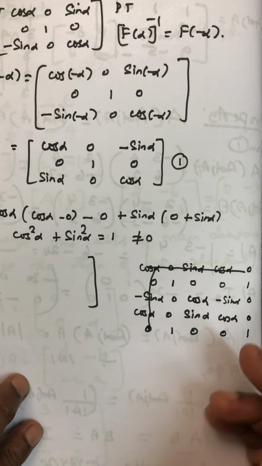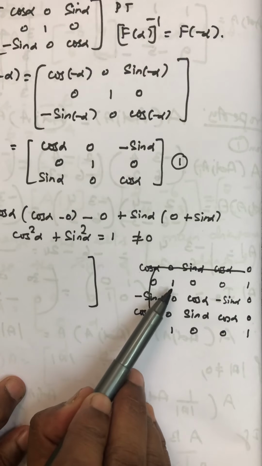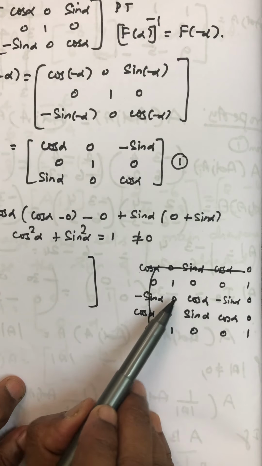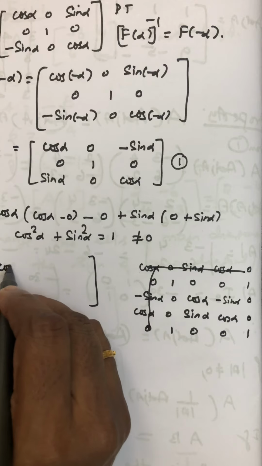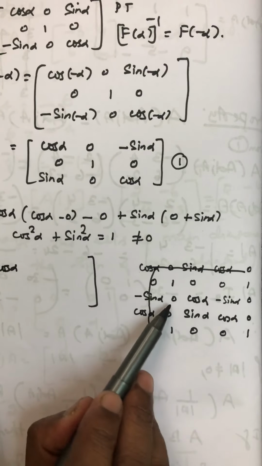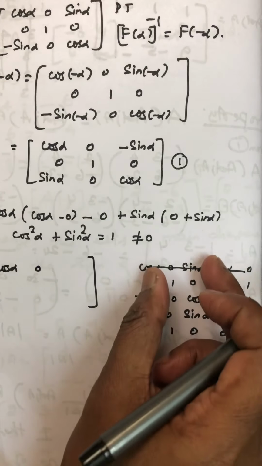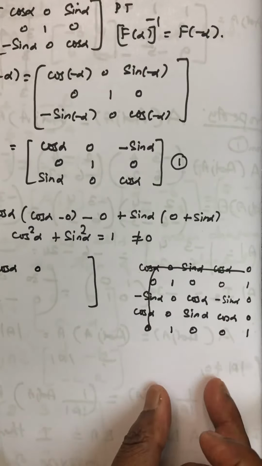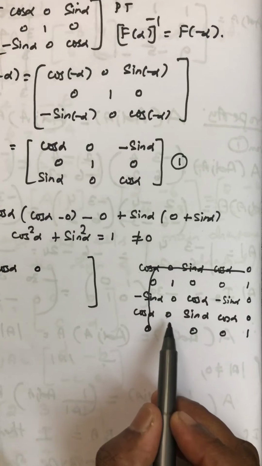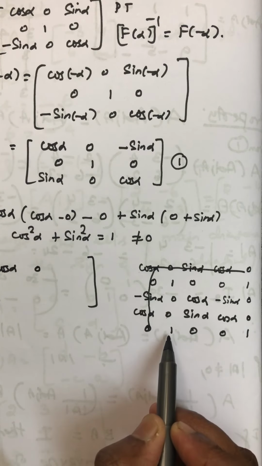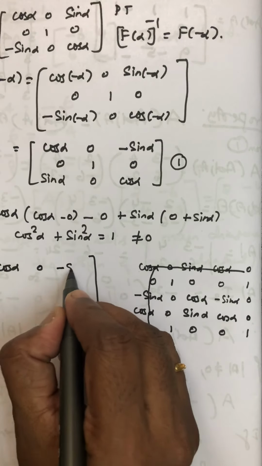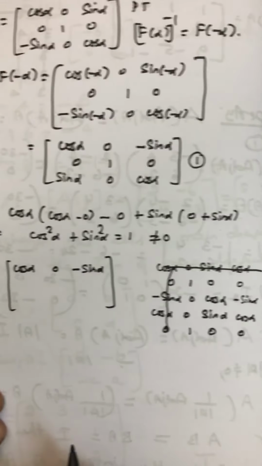Now take the first two columns alone. So I have 1 into cos alpha is cos alpha minus 0. So simply I have cos alpha. Second one, 0 minus 0, so answer is 0. We are finding the elements along the column wise but writing the entries along the row wise. Now this is 0 minus sin alpha. So it is minus sin alpha.